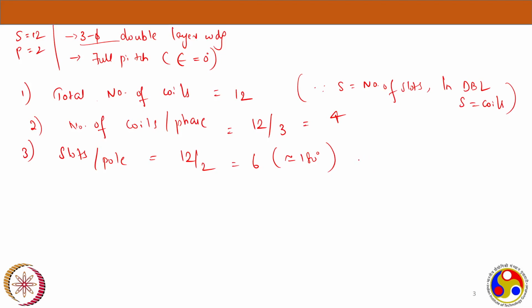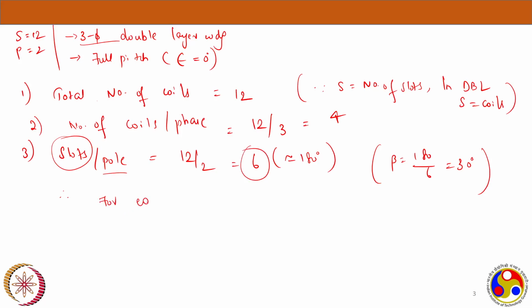From here only we got beta. Beta is equal to 180 by 6, so each slot would take 30 degrees. That is the angle between 2 slots. For each pole we are assigning 6 slots. That's what the number of slots per pole means.